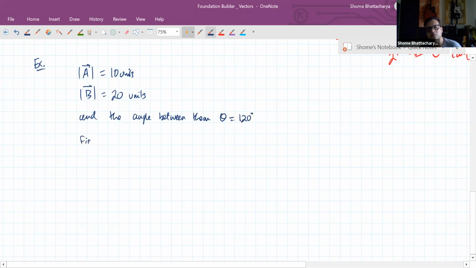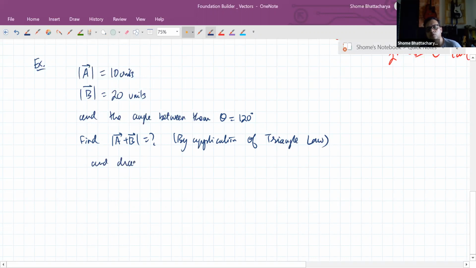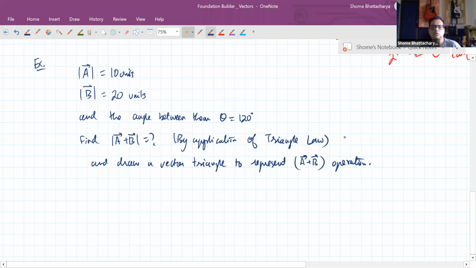So we have to find the magnitude of A plus B by application of the triangle law. And you also have to draw a vector triangle to represent the A plus B operation, the vector summing operation. So we have to do these two things here.